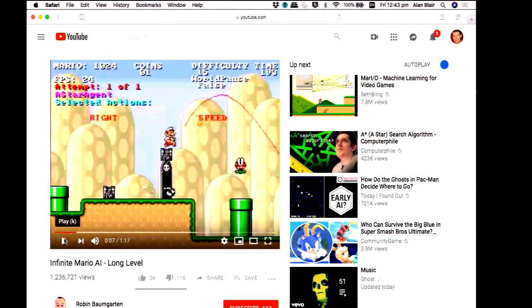So the first thing these guys did is they put a lot of effort into trying to figure out what the actual underlying physics in this game are. If you're in a situation and you do a certain action, what's going to happen? That's actually not trivial. And once you know that information, then it's much easier to create an AI to play the game. If the AI didn't know the world model and had to learn it, it would be much harder. So it's important to understand that.